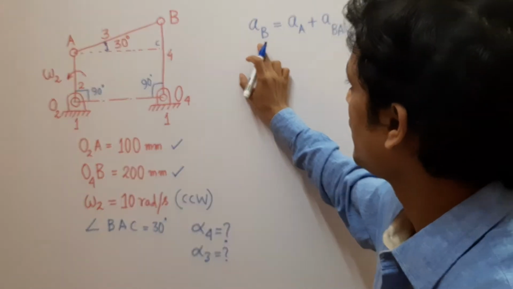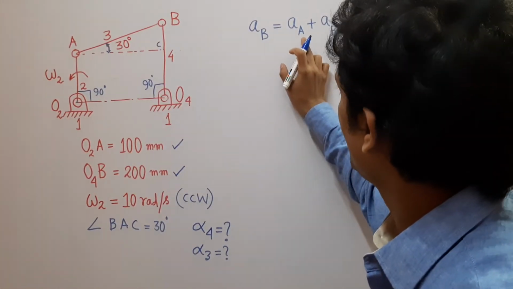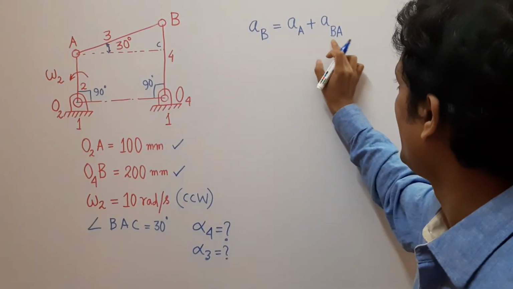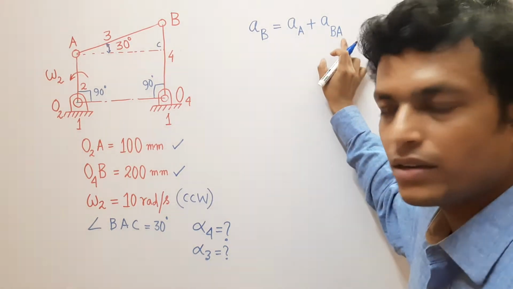Now what is AB? AB is acceleration of point B. What is AA? Acceleration of point A. And what is ABA? ABA is acceleration of point B with respect to point A.